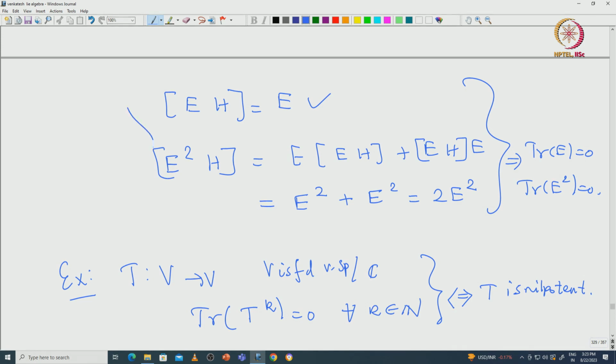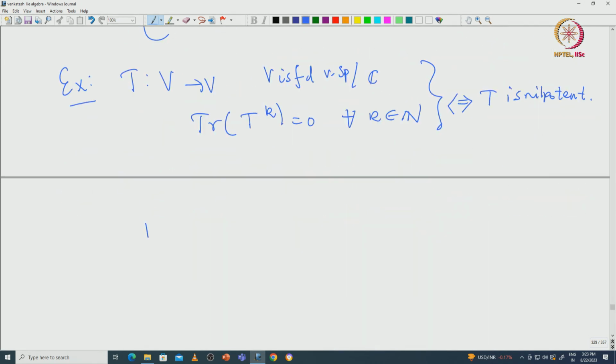Now, what this computation says is that the trace of E is 0, and the trace of E square is also 0. Similarly, it is not hard to see that if you take E cube and compute the bracket with H, it will be E times the bracket of E square and H plus the bracket of E and H times E square.